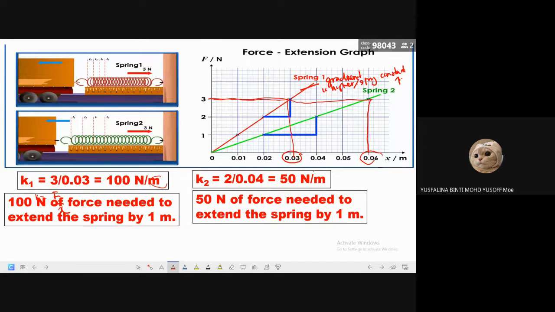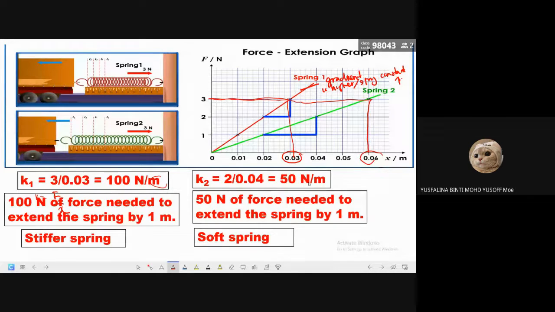That is the meaning of Newton per meter. So this one, 100 Newton, you can increase the length until 1 meter, and this one, 50 Newton, you can increase until 1 meter. So this is the stiffer spring and this is the softer spring. Spring 1 is stiffer.